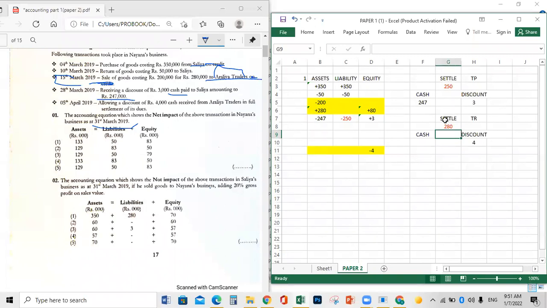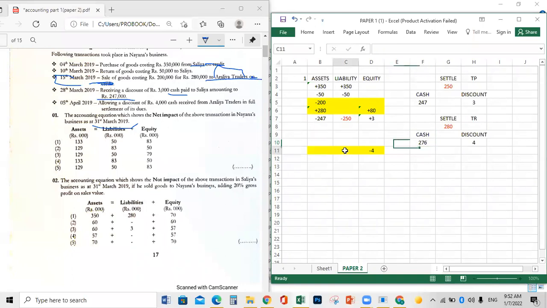And if the discount is 4,000, how much did you receive in cash? 276,000, guys, because you're settling 280,000, and inside that 4,000 is discount. So the balance is the cash.